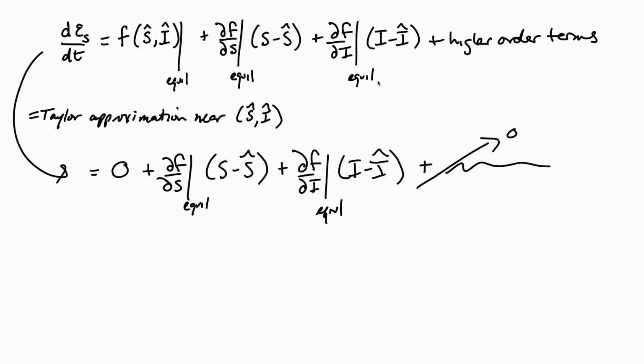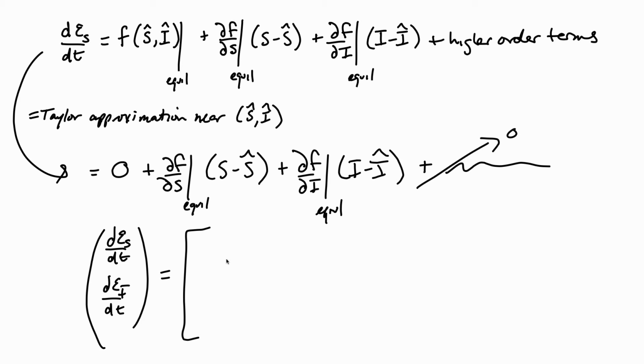So if I make a similar expression for d epsilon I, we can get back to a matrix expression where we say d epsilon s by dt and d epsilon I by dt is equal to a matrix of these partial derivatives.